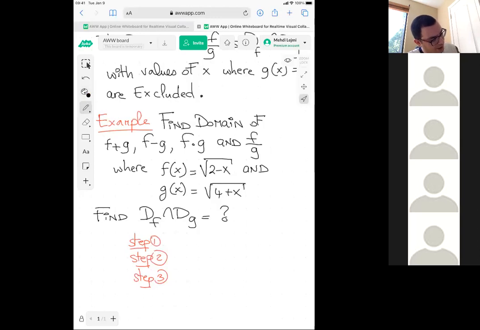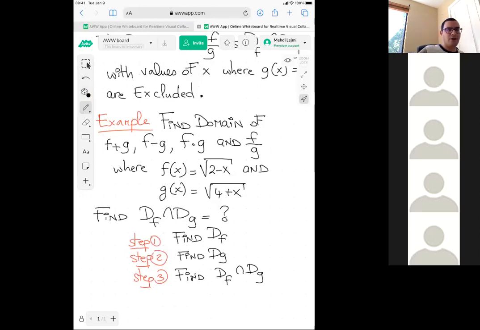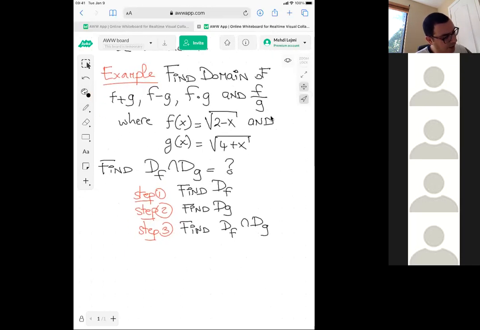So step 1, find the domain of f, D subscript f. Step 2, find the domain of g, and then we can find the common domain. I'm going to follow these steps, and that's how we're going to find the common domain. So first, step 1: let's start with the domain of f.